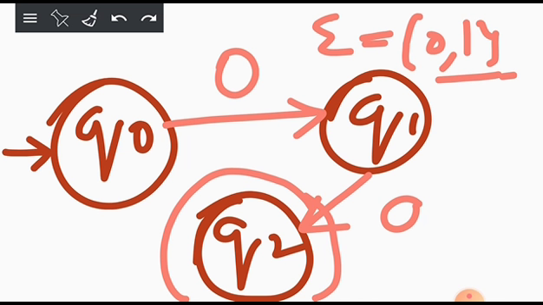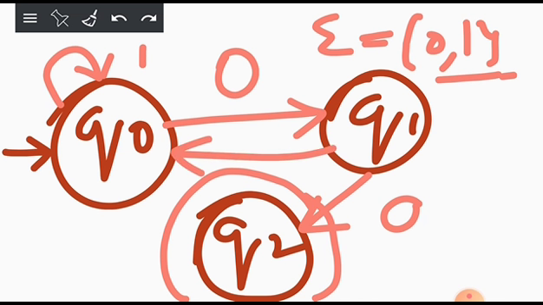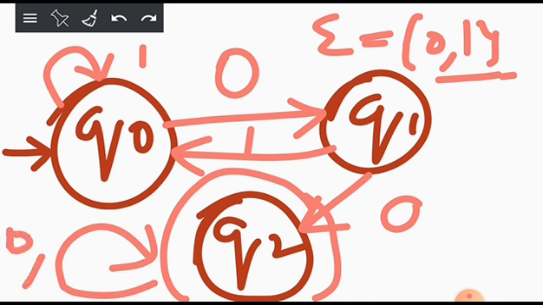But what about Q1? Suppose on getting input 1 it goes to itself, and on getting input 1, Q1 goes to Q naught, and Q2 on getting input 0 or 1, suppose it stays in itself. So we have to represent each and every transition for the states and for the input symbols in the case of the deterministic finite automaton.